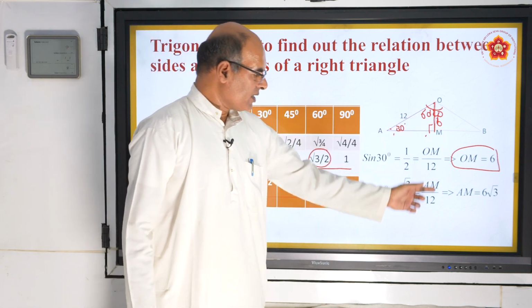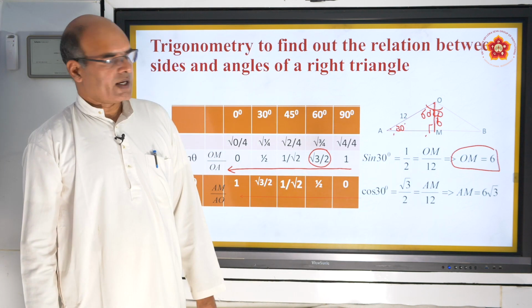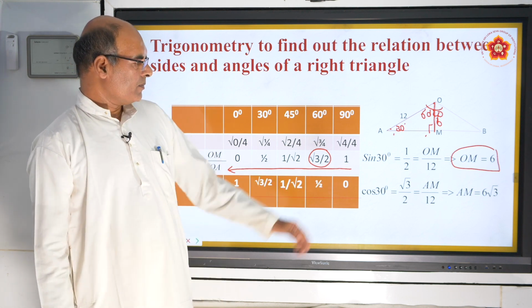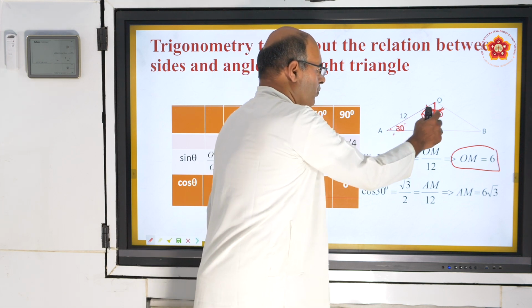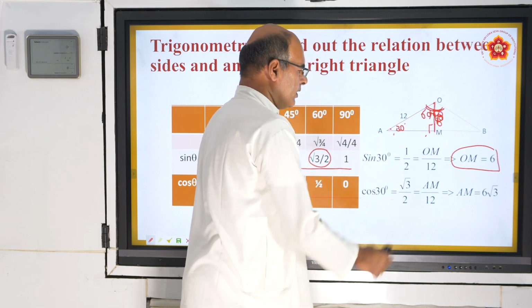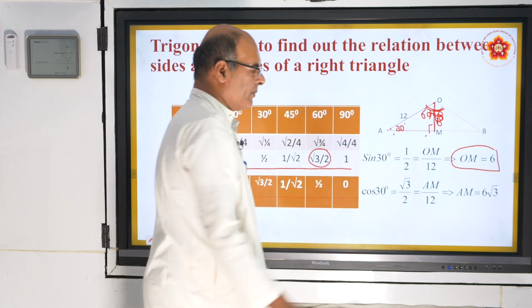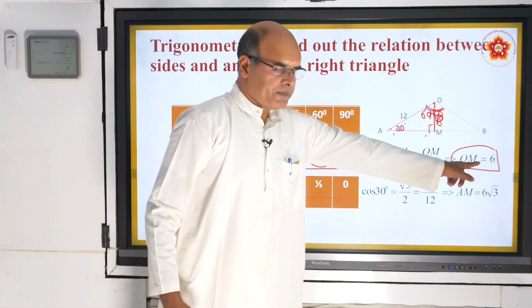Therefore AB is twice that, that is 12 root 3. So remember, if this angle is 120 degree, then AB is 12 root 3 and OM is 6 centimeter.